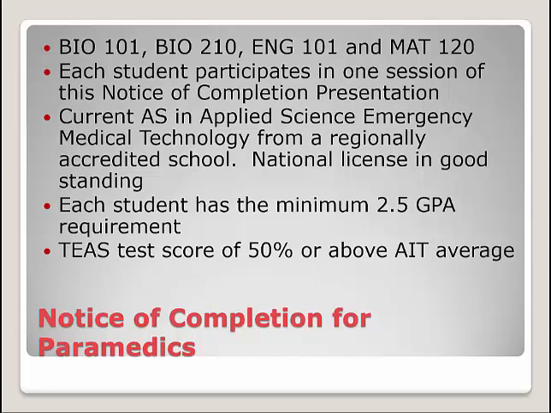A copy of your National Registry card must also be submitted with your Notice of Completion. Your GPA must be a cumulative GPA of at least 2.5. Your AAS degree GPA must also be at least a 2.5. You will be required to pass the TEAS test with at least a 50% AIT average. This is offered at our assessment center.